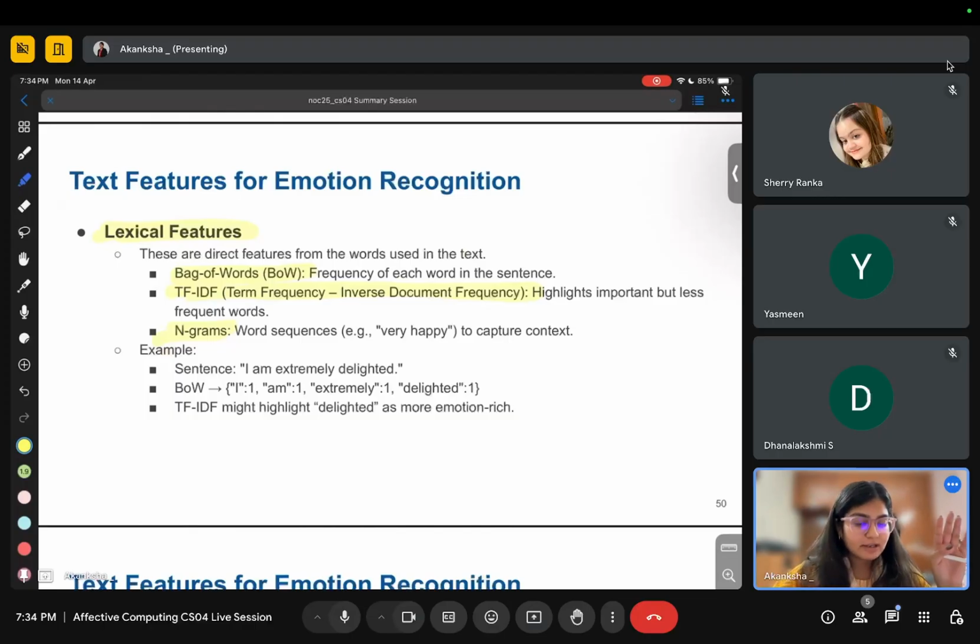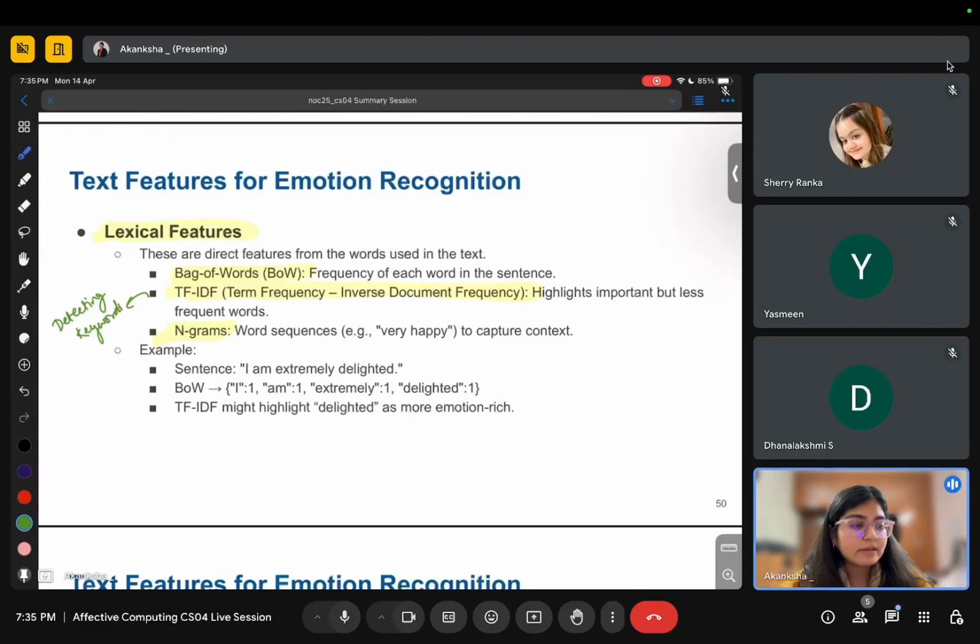The computer does not understand anything beyond numbers. So if you want to represent your words with the help of some number or vector, these are some methods: bag of words, TF-IDF, n-grams. TF-IDF is generally used for keyword detection, so detecting some keywords.